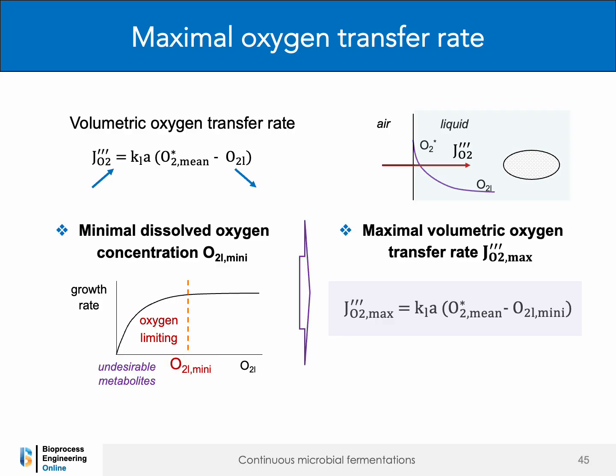Consequently, the maximum oxygen transfer rate that can be utilized without inducing oxygen limitation is given by J_O2 max equals kLa times (O2* mean minus O2_L mini). This parameter defines the upper bound for oxygen supply in aerobic fermentations and is a key constraint in process optimization.